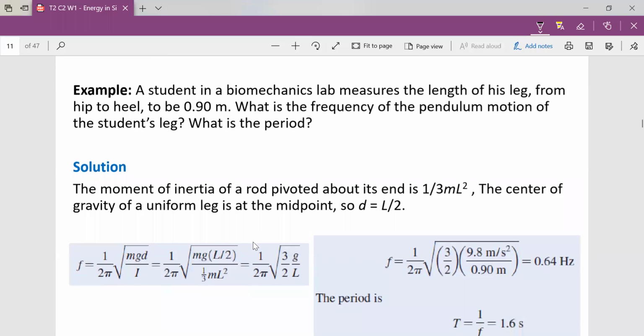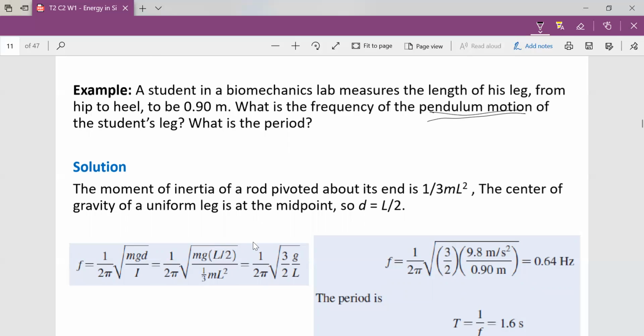Because they specified here it's the pendulum motion, but for the leg, you know you have to use the equation of pendulum motion for the physical pendulum, not the simple pendulum itself.